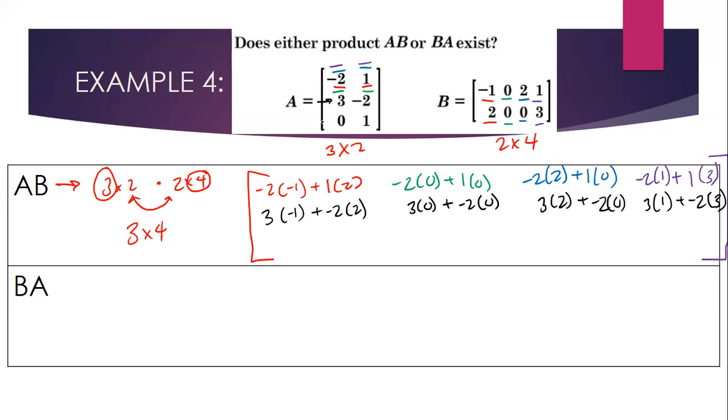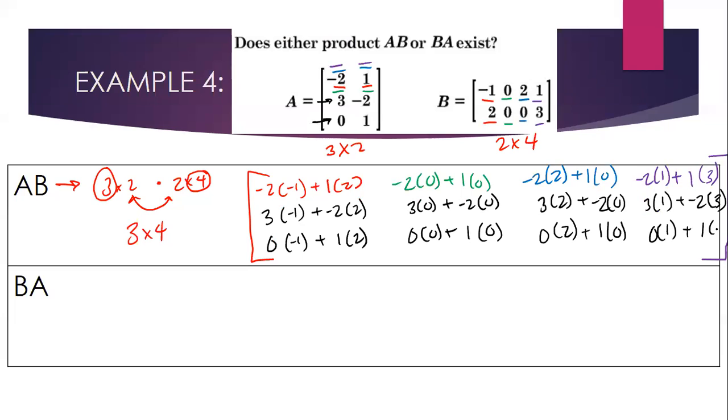So that second row is complete. I'm going to go to the third row. And this time I'm replacing the 3 and negative 2 with 0 and 1. So 0 times negative 1 plus 1 times 2. 0 times 0 plus 1 times 0. 0 times 2 plus 1 times 0. 0 times 1 plus 1 times 3.